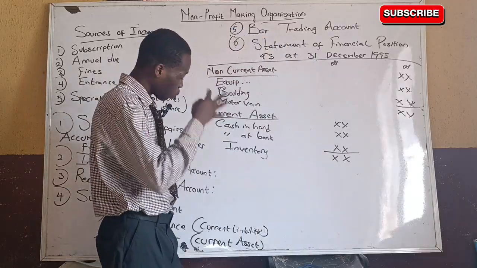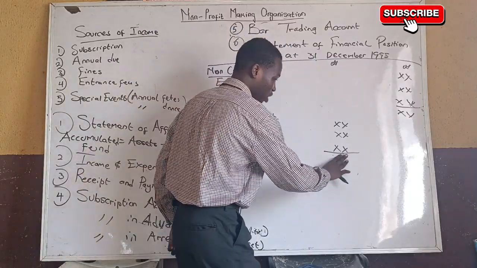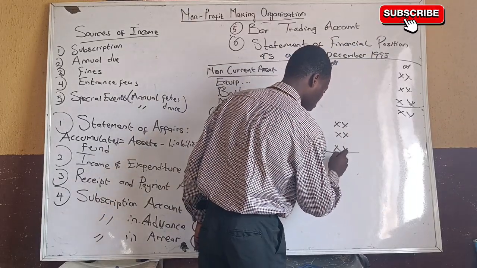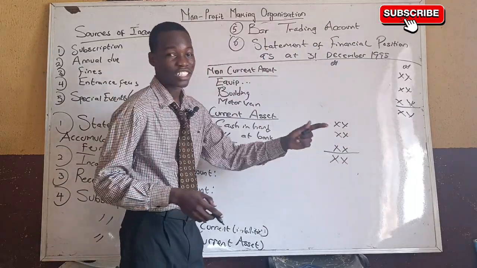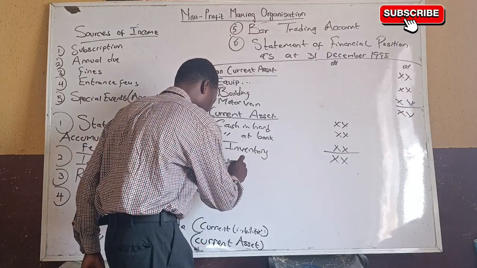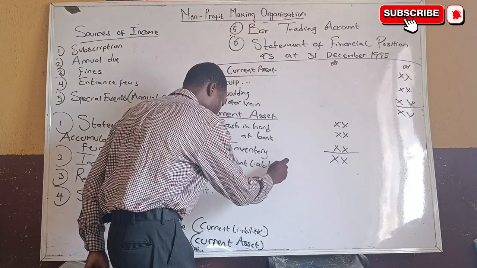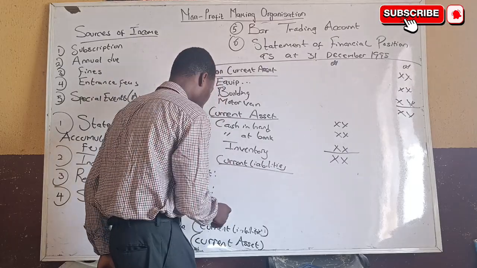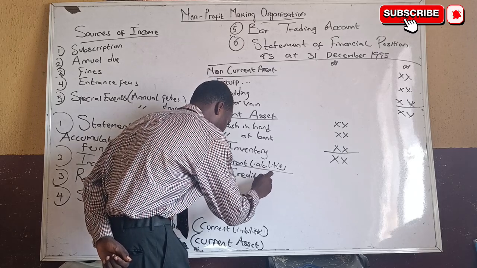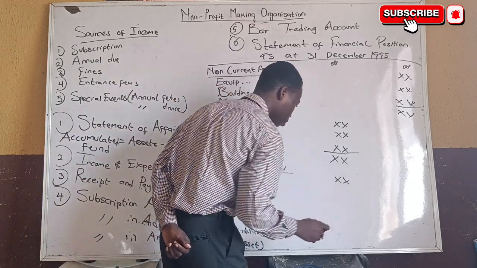Then we have our current liabilities. Let me put it here. Now we are going to have our current liabilities. For the current liabilities, we are starting with creditors or payables and so on like that.